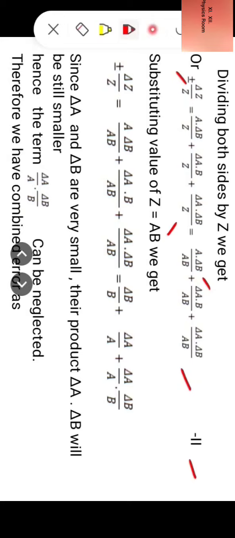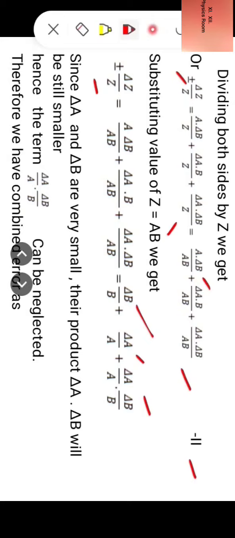Now, substituting the value of Z equal to AB, we get plus minus delta Z by Z equal to A into delta B by AB plus delta A into B by AB plus delta A into delta B by AB, which is equal to delta B by B plus delta A by A plus delta A by A into delta B by B. Now, since delta A and delta B are very small, their product delta A delta B will be still smaller.